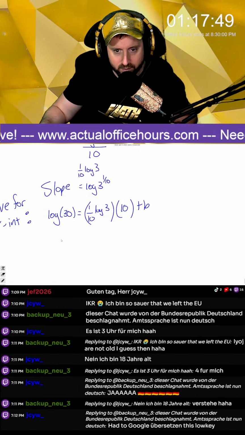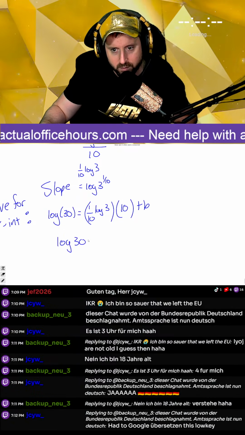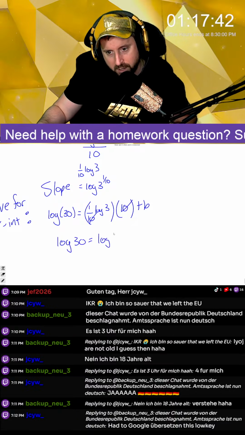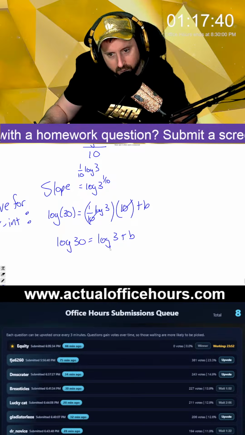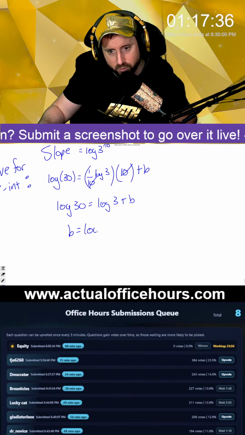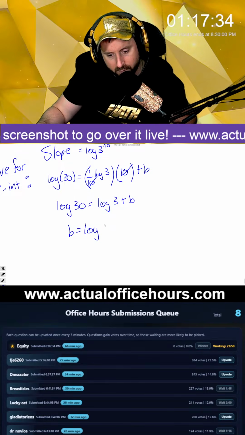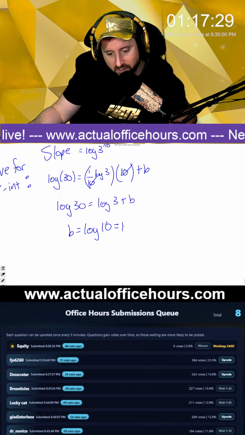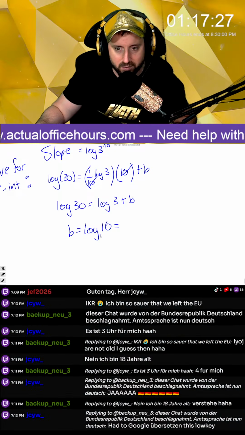So what that's going to give us is log of 30, 10's cancel, is equal to log of 3 plus b. So if you subtract that over, b is equal to the log of 10. Oh, which is nice. It's just equal to 1. Or it's log base 10 of 10 is what it is, yeah?